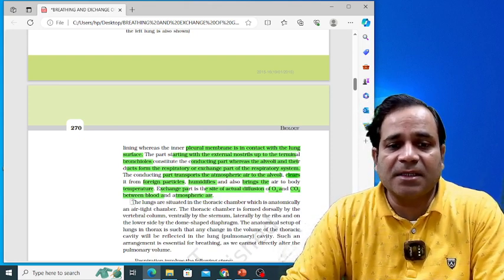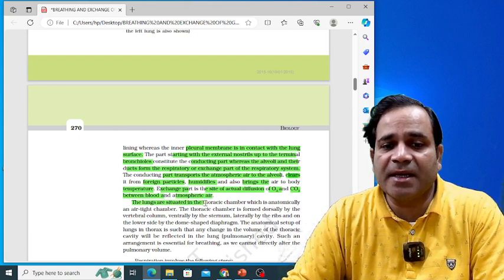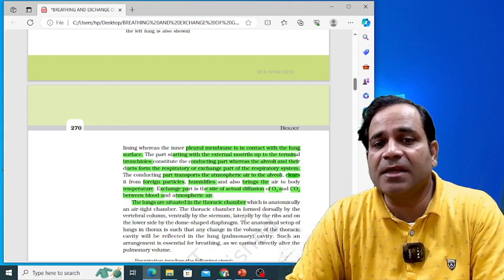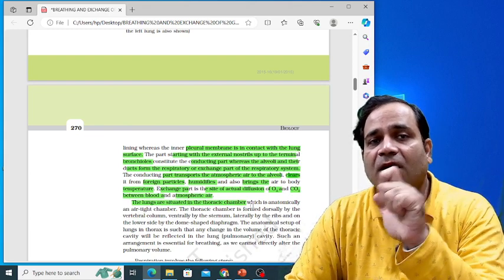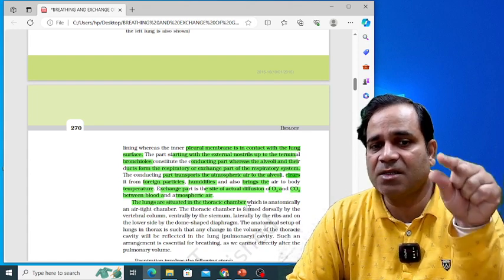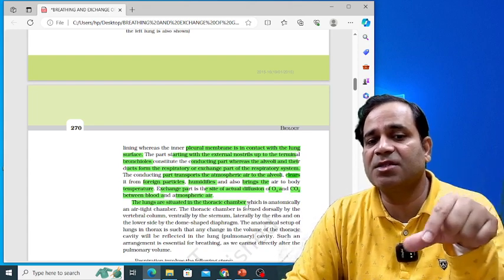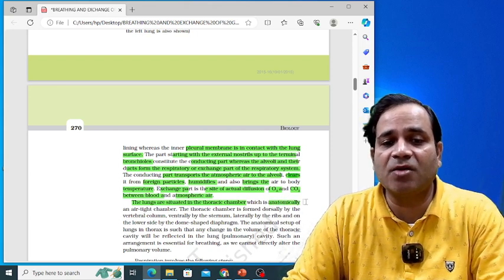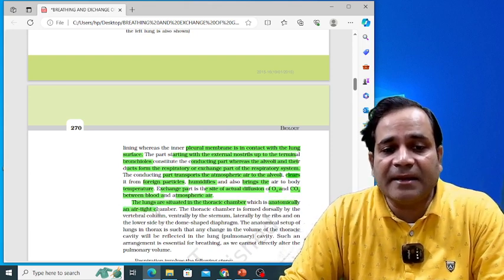Next, the lungs are situated in the thoracic chamber. If anybody asks you where the lungs are situated, you say the lungs are situated in the thoracic chamber, which is anatomically an airtight chamber.